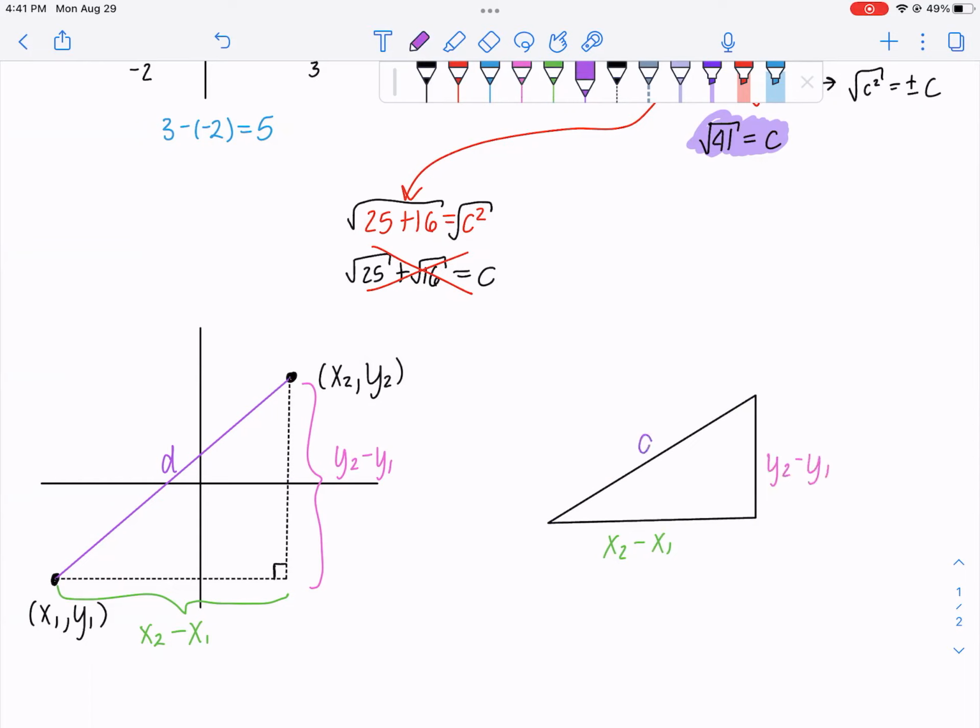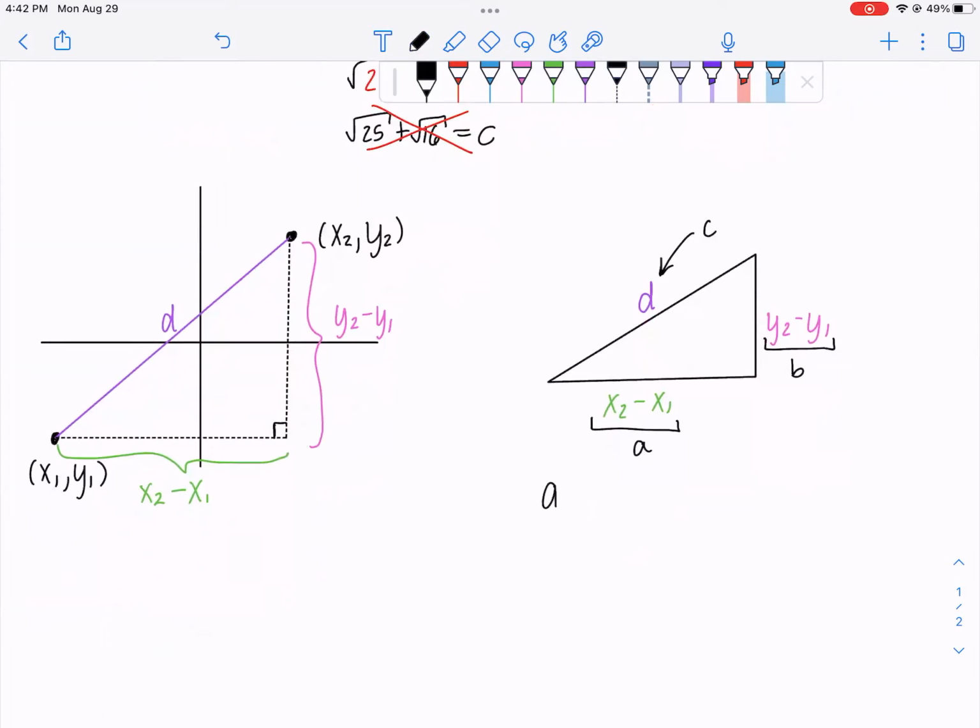And this side right here is d. I'm going to go ahead and explicitly label these in terms of A, B, and C in the Pythagorean theorem. So I'm going to call this side A. I'm going to call this guy B. And then d has to be our hypotenuse, so that would be C. A squared plus B squared is equal to C squared.